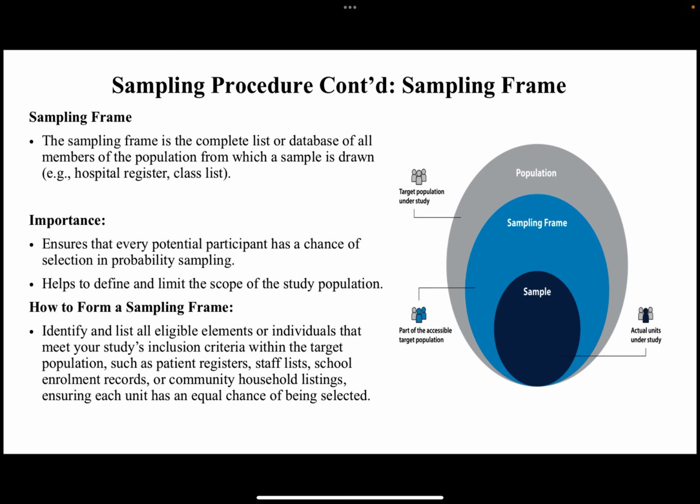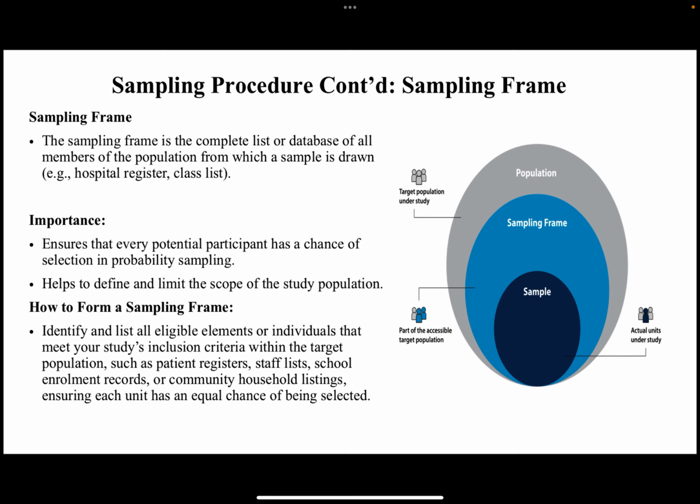Now let's look at the sampling frame. When we say a sampling frame in research methods, it is a complete list or a database of all members of the population from which a sample is drawn.